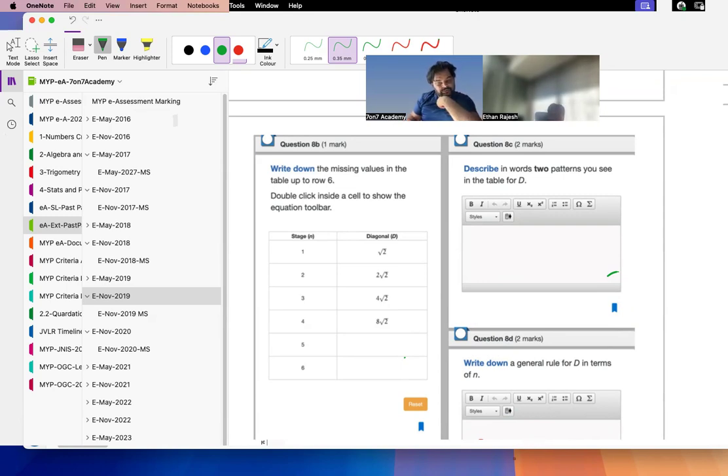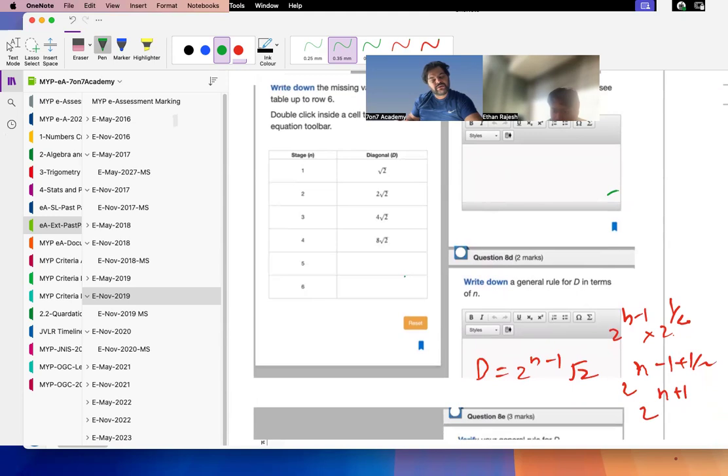So hence you can write that D is equal to 2 raised to n minus 1, square root of 2. You could simplify it if you want: 2 raised to n minus 1 into 2 raised to half. The base is the same, so the powers get added: 2 raised to n minus 1 plus half. Can you scroll a little bit down? I can't see. Yeah.